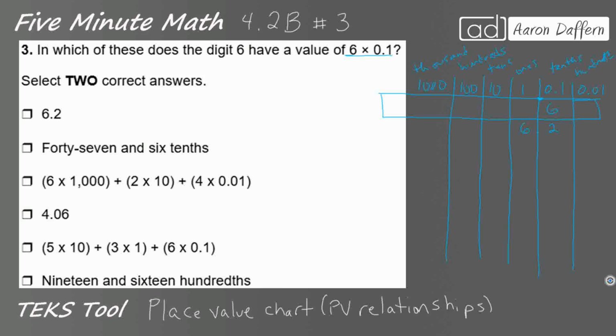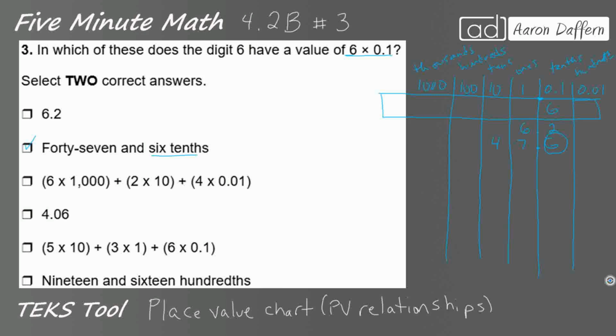You might be able to do it without this, but this 47 is going to be 4 tens, 7 ones, which doesn't matter. You're looking for that 6 in the tenth spot, 47 and 6 tenths. So look, I've got a 6 in the tenth spot, which means this is one of my answers.